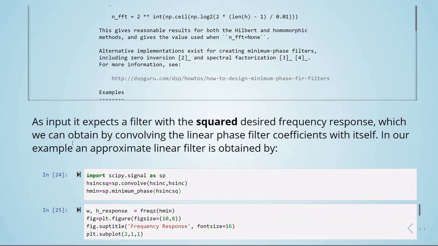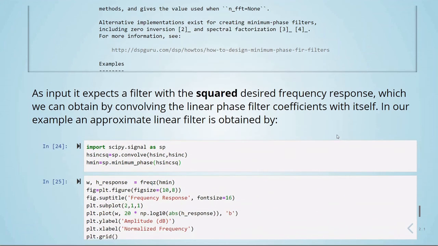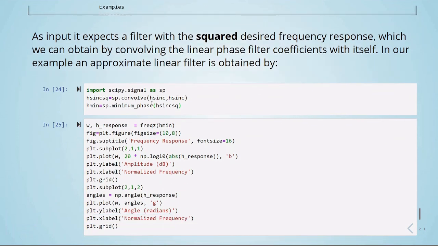And as an input, it expects a filter with the squared desired frequency response, which we can obtain by convolving the linear phase filter coefficients with itself. So in our example, an approximate linear filter is obtained if we convolve h_sinc with itself, and then we call this minimum phase function from SciPy with this squared, so it's this convolved by itself.